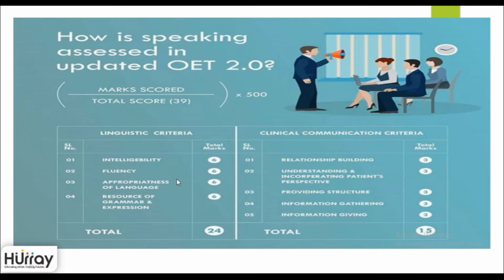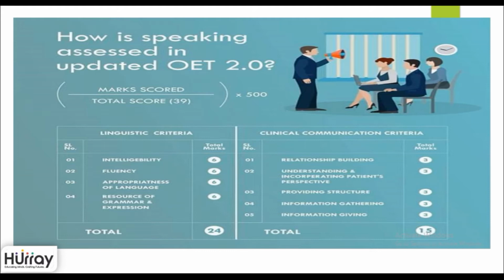The first one is intelligibility, which basically means speaking with clarity in a way that is understood by the other person. The next criteria is fluency, speaking without pausing too much or using too many fillers. The third criteria is appropriateness of language, which basically means that depending on the kind of task you are given on the card, you must use language according to that.